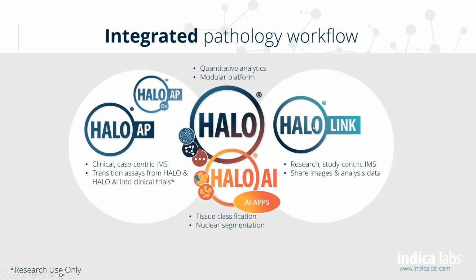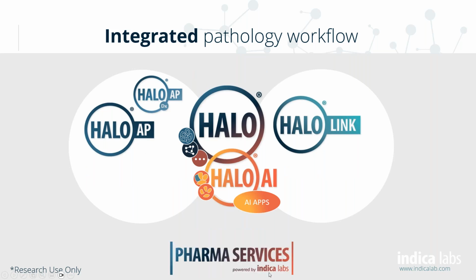HALO Link connects directly with HALO and facilitates collaboration through annotating or running saved analysis according to specific permission levels, while HALO EP performs case-centric slide management, so users can transition validated assays from HALO and run them in a locked-down CIVD environment. And last but not least, we have a pharma services team of image analysis experts that can leverage all these platforms to perform image analysis for customers who have more data than they can analyze in a given time.